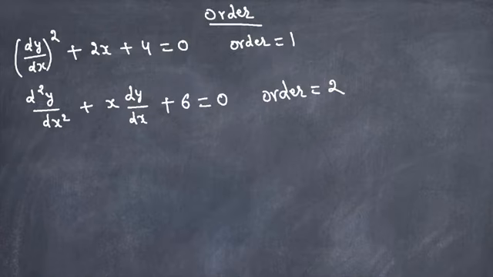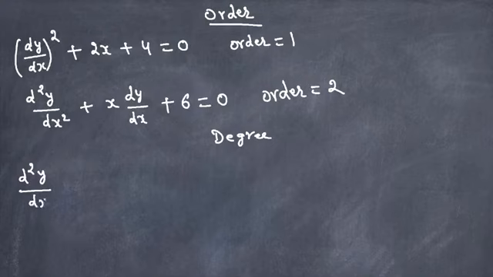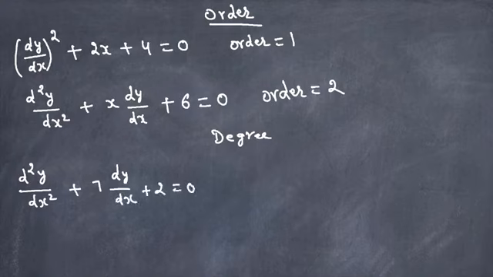Now let's move over to the degree of a differential equation. So if I write down an equation here, d squared y over dx squared plus 7 dy over dx plus 2 is equal to 0.